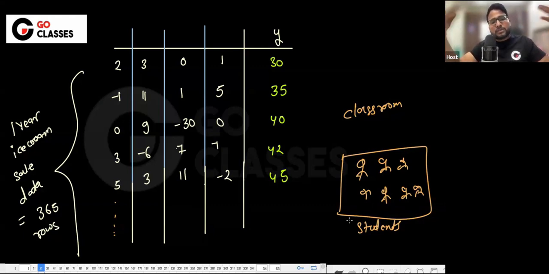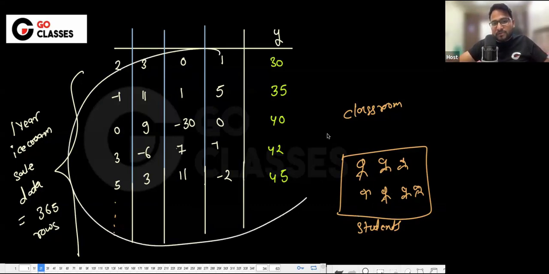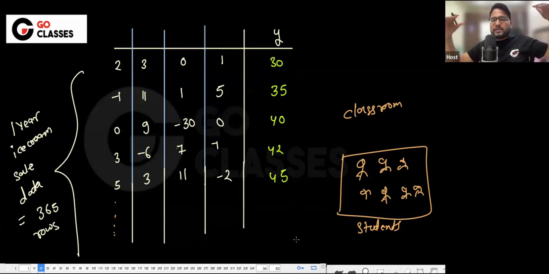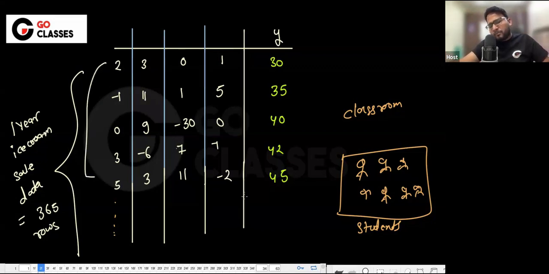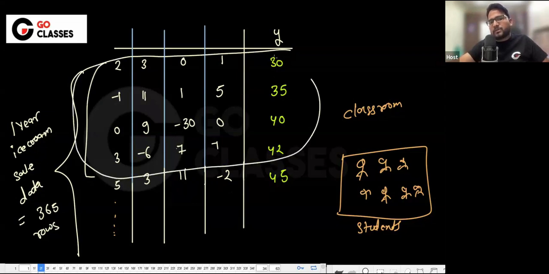Obviously, if there are thousands of students, they will make noise, and it is very difficult to keep the balance. Similarly, if there are thousands of rows, it is very difficult to make them collinear, since they will be scattered here and there. If there are just three or four, then maybe you can have a solution of Ax equal to b.